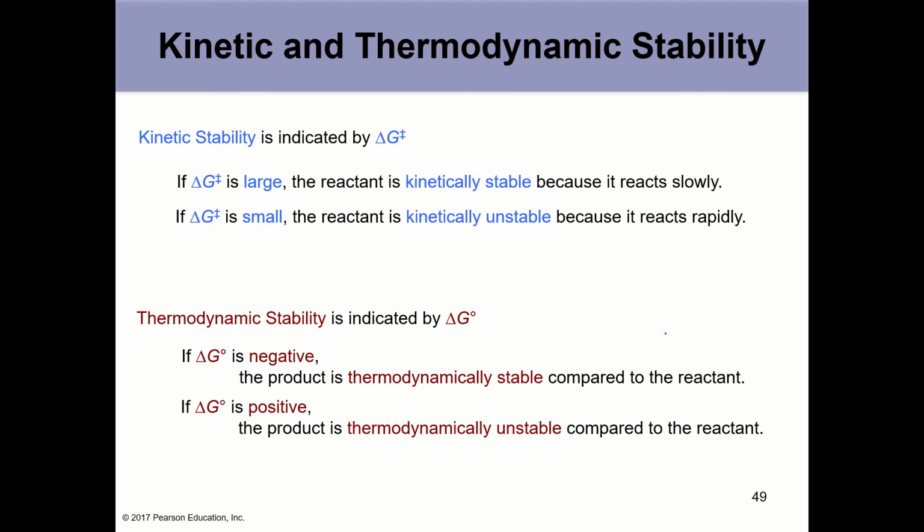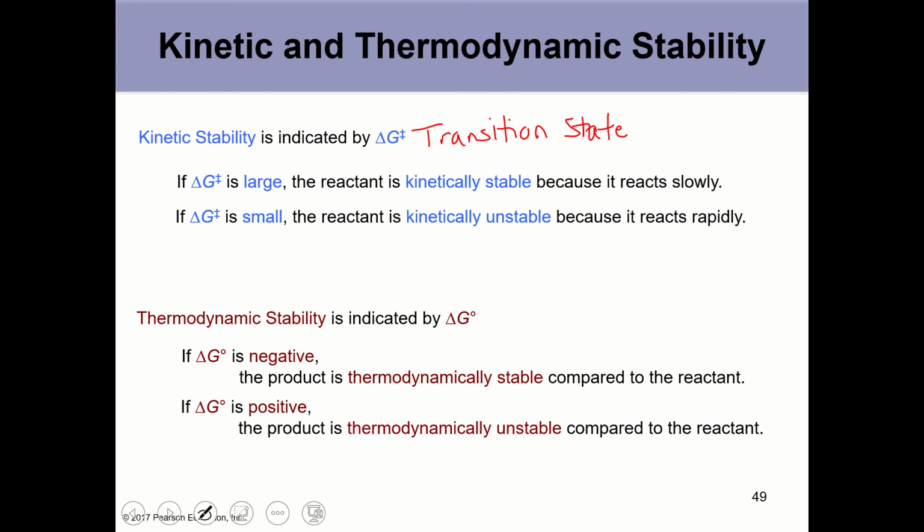Okay, we have terms to define the transition state and also the overall reaction. So kinetic stability is indicated by transition state energy. So when we look at kinetic stability, all we are worried about is the transition state. Do not look at the overall energy of the graph.